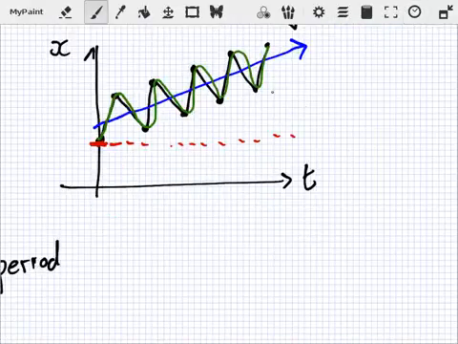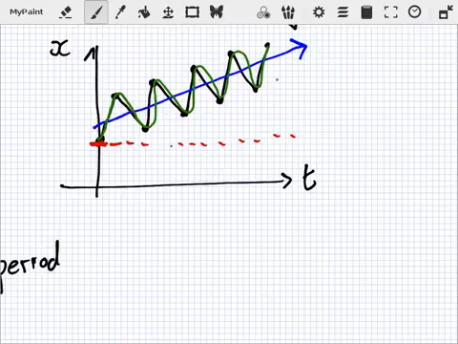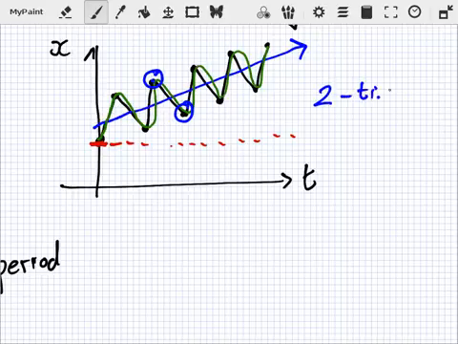So when you look at this graph, the way to calculate the period, you start at any point, it doesn't matter. So you could start here, and you start counting until you get back to the start. So we have 1, 2, and the next one is back at the start. We're back in the same spot. So this one, its period is 2 times.